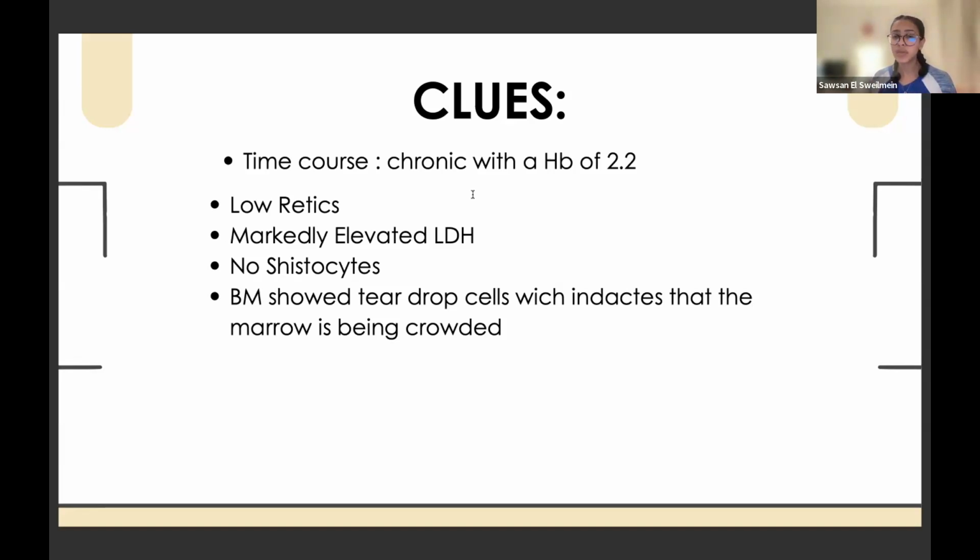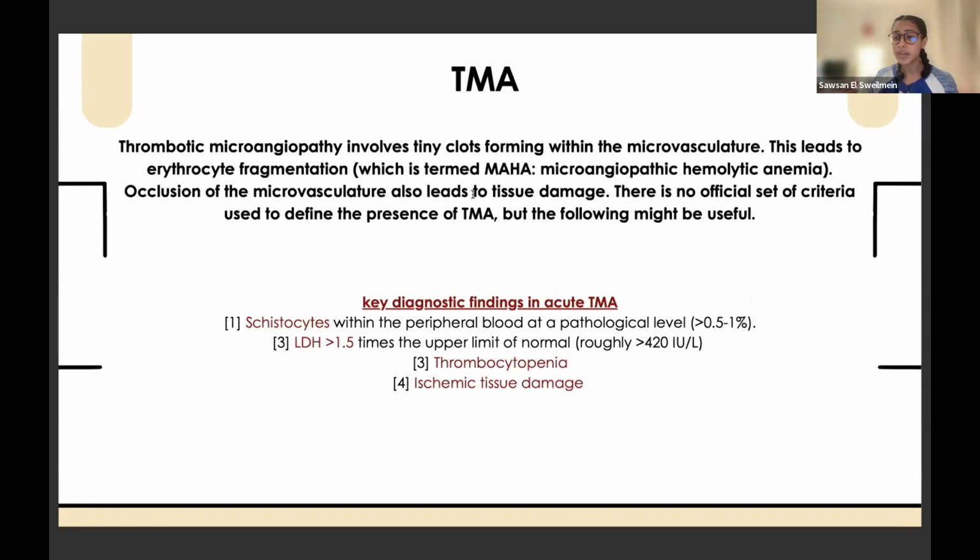So what is a thrombotic microangiopathy? We're having small clots that are forming in the microvasculature that can lead to shear forces to cause erythrocyte fragmentation, which can lead to something called MAHA or microangiopathic hemolytic anemia. And these tiny clots that are forming can lead to tissue damage.